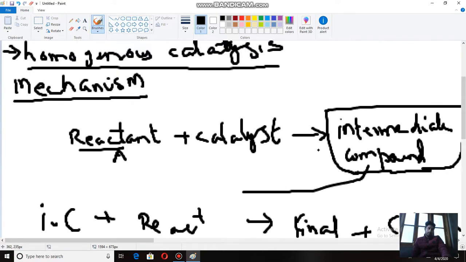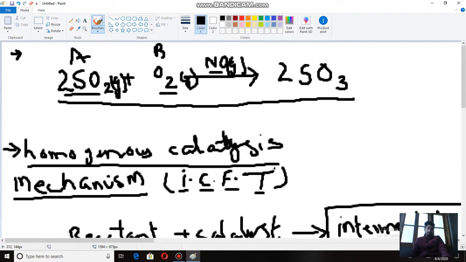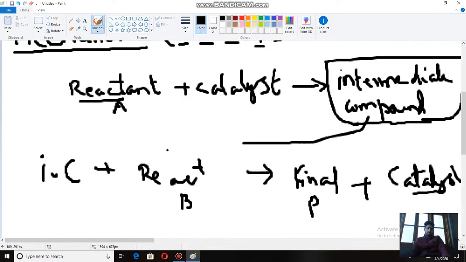This is the basic mechanism. Basically it is the intermediate compound formation theory, IFCT. This governs this homogeneous catalysis.